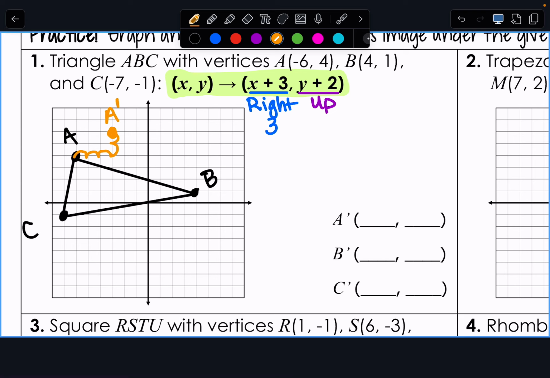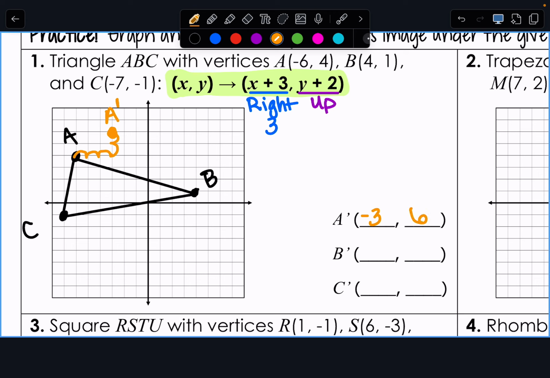Now we're going to have to write where we ended up. How do we name this coordinate? What's the x comma y of this new coordinate for A? -3, 6.